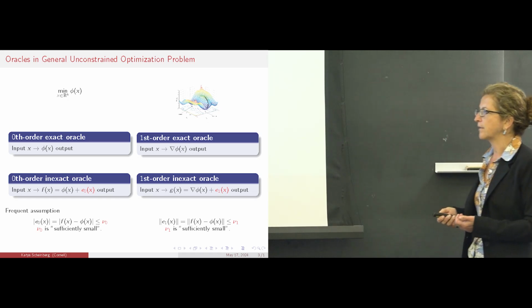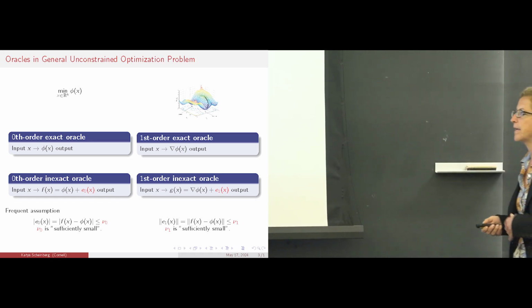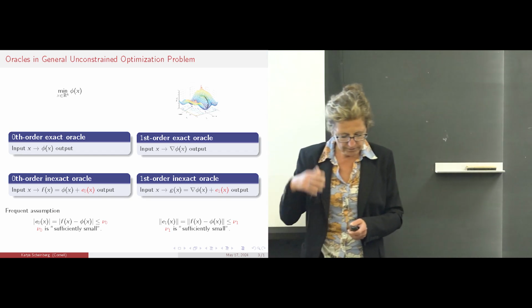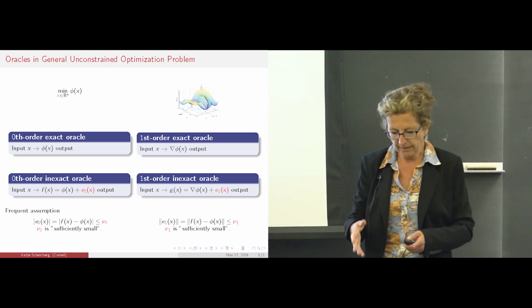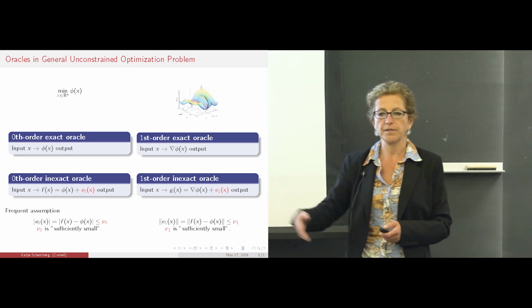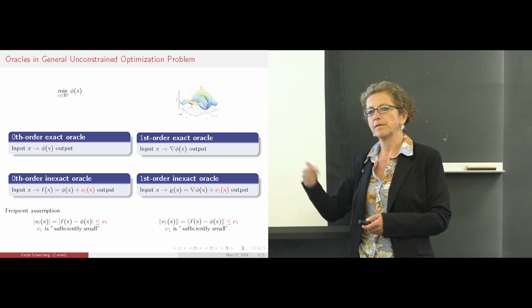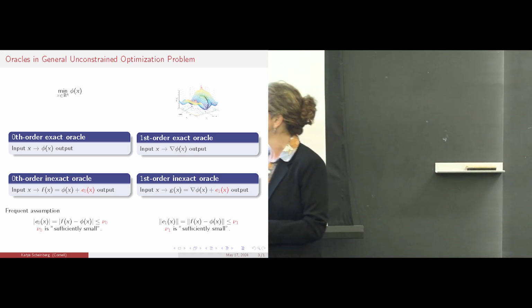These are inexact oracles, and very often we simply assume that there is some kind of deterministic bound on this inexactness. It comes from round-off error, discretization, and maybe you have control over this bound.